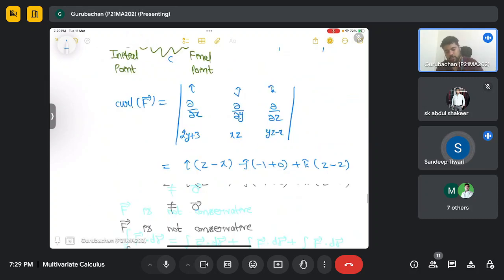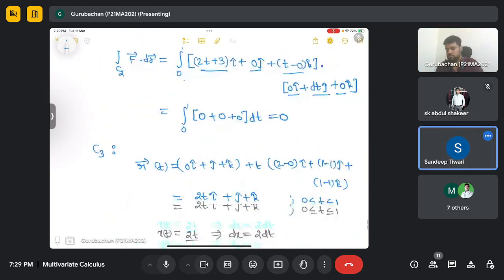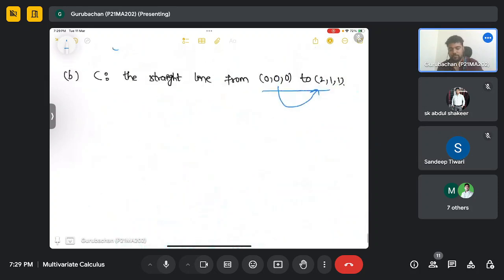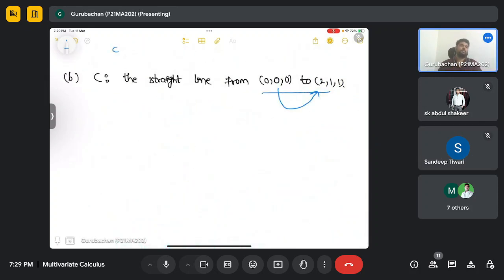So calculate. It is coming out to be 3. No, that is not 3. Do it again.